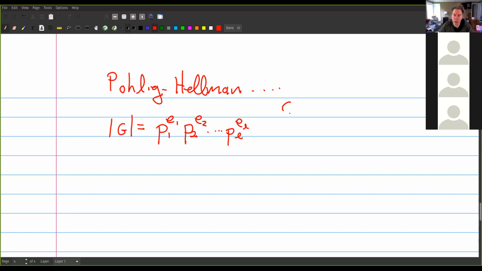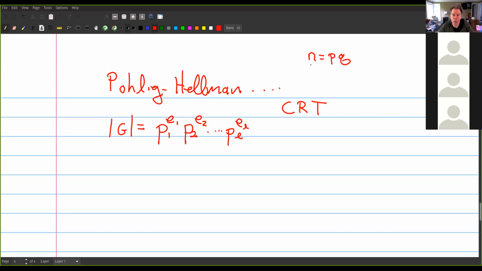So this uses the Chinese remainder theorem, which we talked about in a simplified version. We wanted to do a modular exponentiation mod n, where n was equal to p times q.